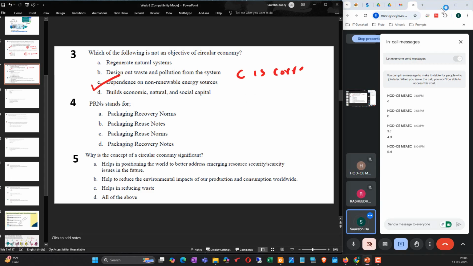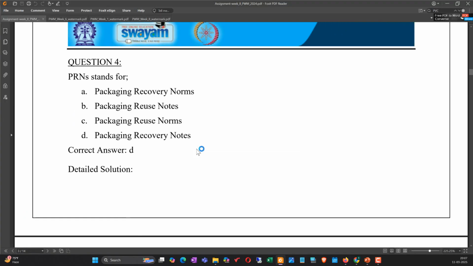The next question was: PRNs stands for packaging recovery norms, packaging reuse notes, packaging reuse norms, or packaging recovery notes? Fourth, D is attempted, and packaging recovery notes is the correct answer.